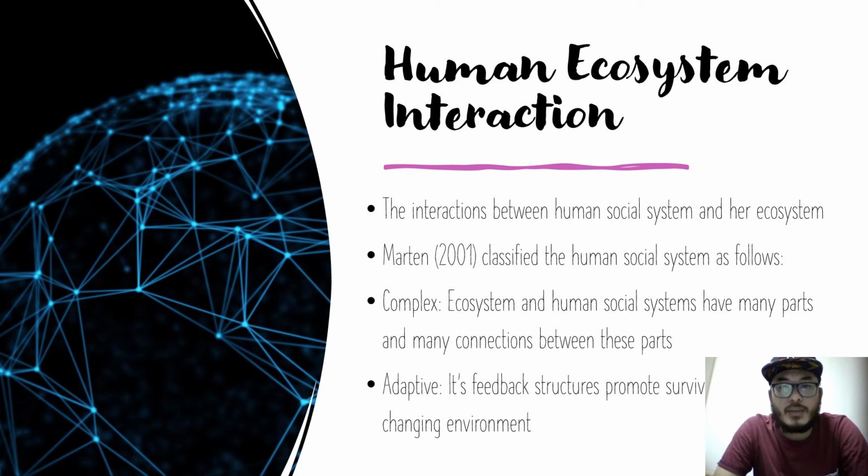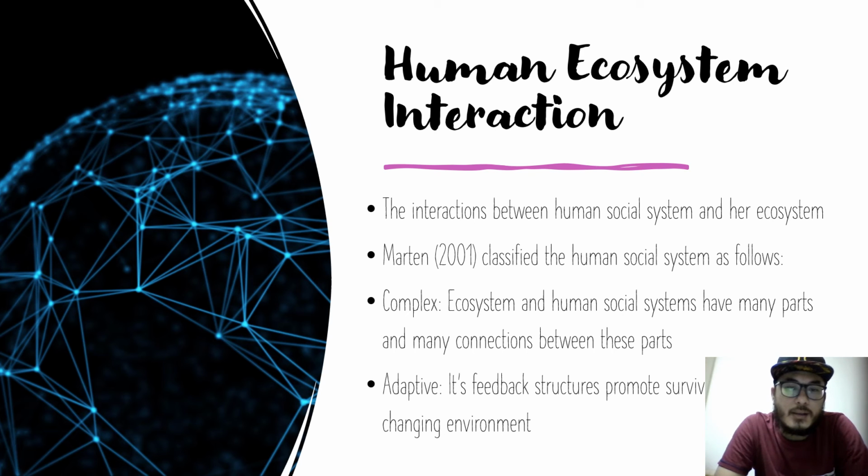Human ecosystem interaction. The interaction between the human social system and the ecosystem. Martin in 2001 classified the human social system as follows. There are two types of social system. Number one, complex. Ecosystem and human social system have many parts and many connections between these parts.